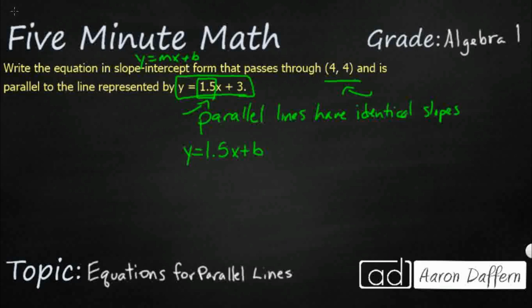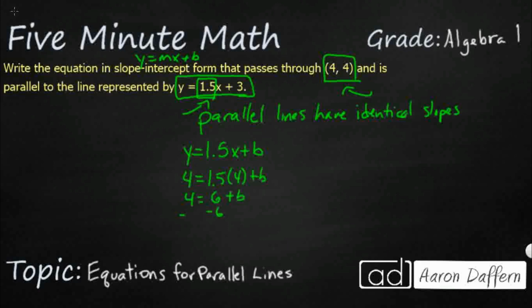So what I'm going to do now is plug in the y and the x coordinate, and that's going to give me my y-intercept. So 4 is my y-coordinate, 1.5 times 4 plus b, and now let's just isolate that b. So 4 equals, 1.5 times 4, that's going to be 6, plus b.